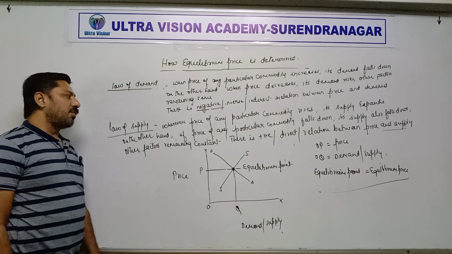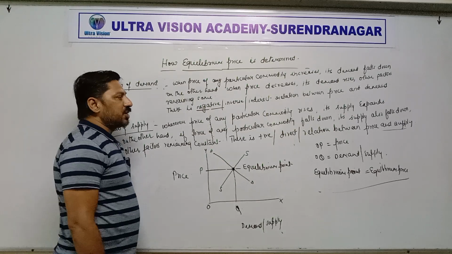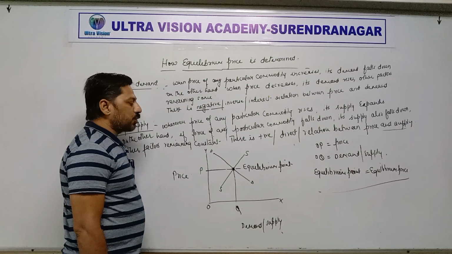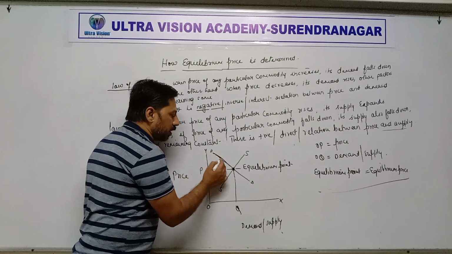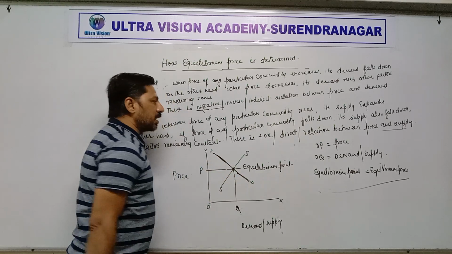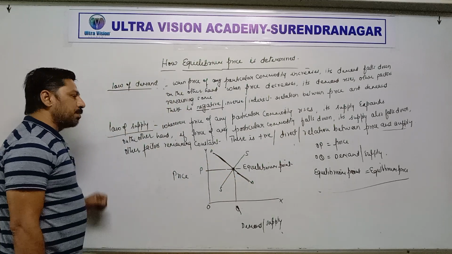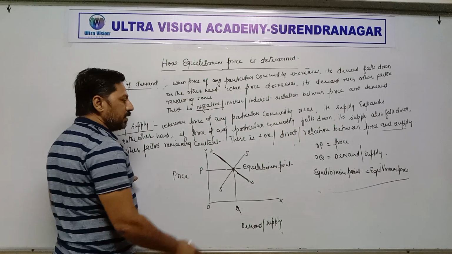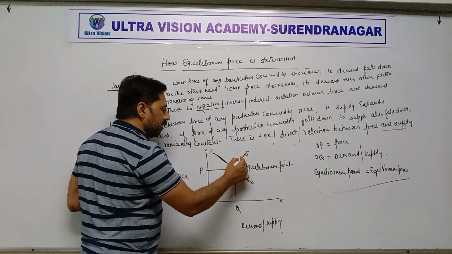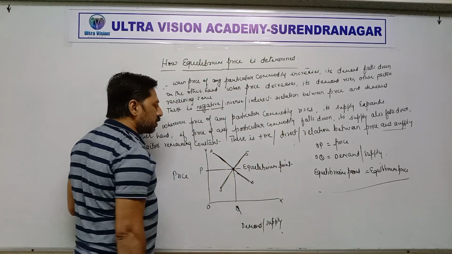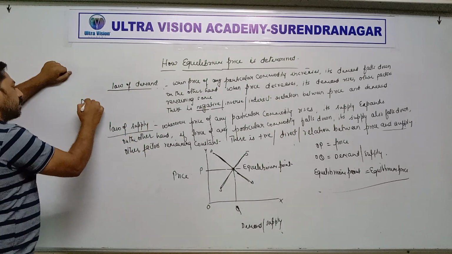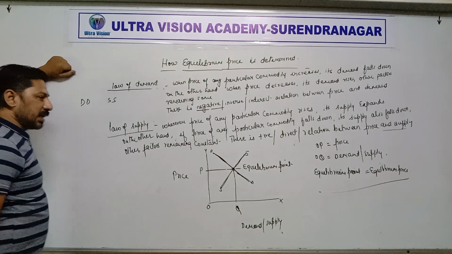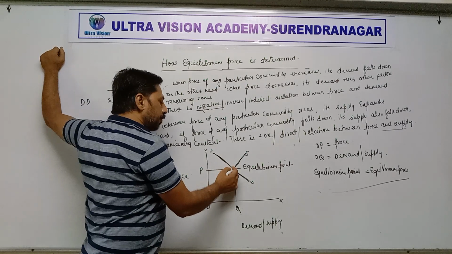Now first, the law of demand. We all know in case of the law of demand, there is a negative relation between price and demand. That's why the demand curve is sloping downward. Similarly, there is a positive relation between price and supply. That's why the supply curve is sloping upward. Both DD and SS intersect each other at a particular point.